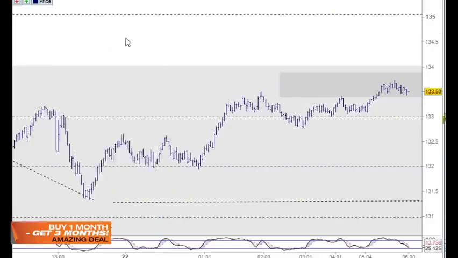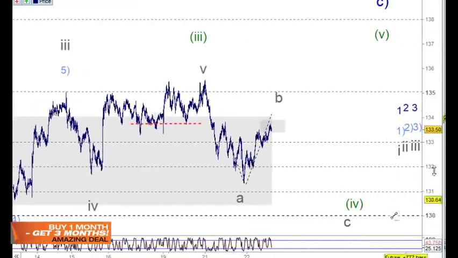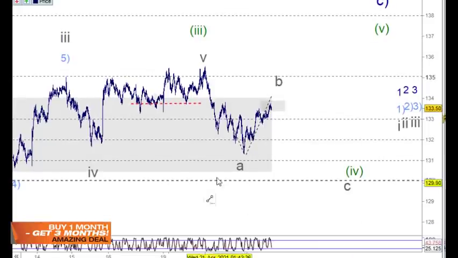Let's just bring in a bit more data. Yeah, this can be counted in different ways, so I'm a little bit unsure about that. But from the low here that we're looking at, going back up into this box here, the 61.8%, and then we're looking for a move down at this point.